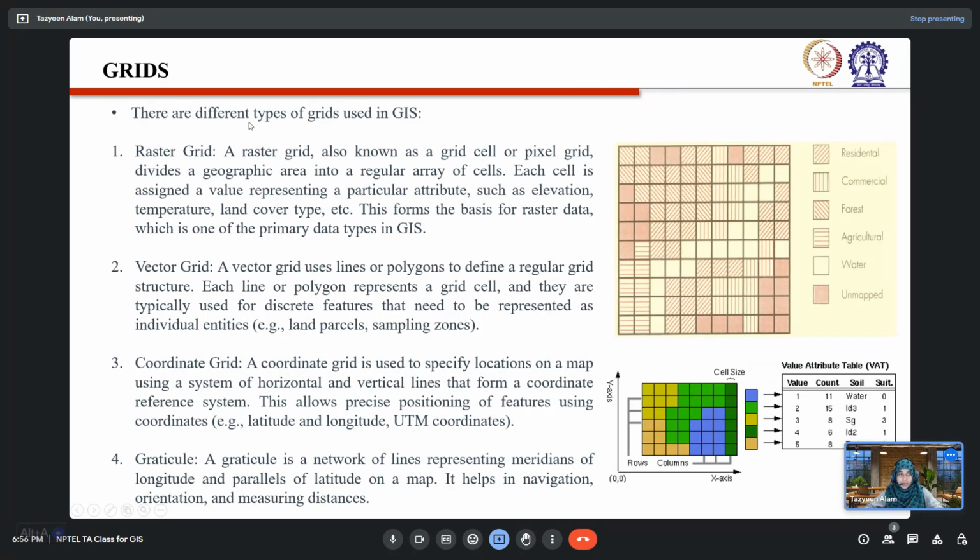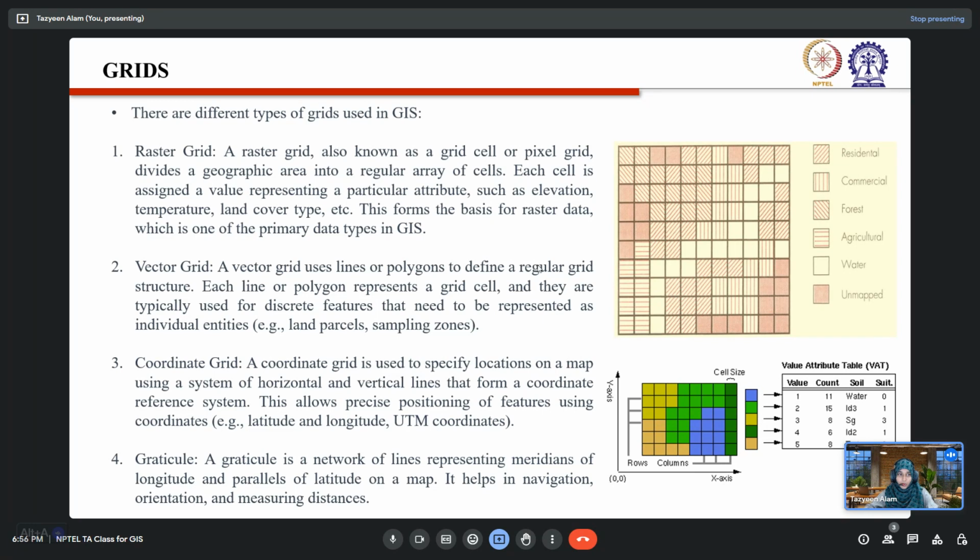Now there are different types of grids that are used in GIS. The first one will be your raster grid, which is, I'm sure, quite common to you by now because you've heard this terminology several times from all of us. So a raster grid, also known as a grid cell or a pixel grid, divides your geographic area into regular arrays of cells.